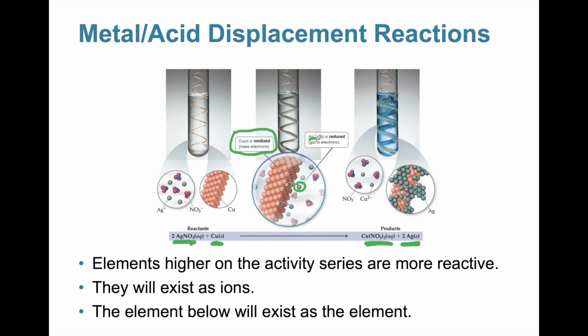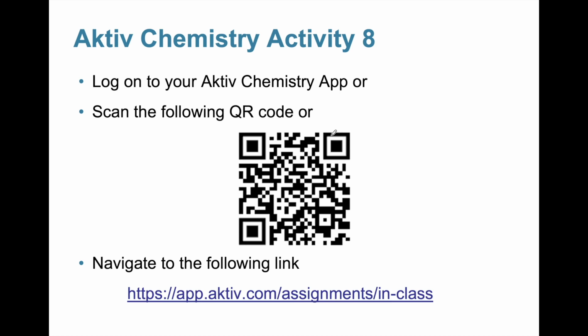And just like the last one, right before they break up, silver is going to take some electrons, take its due before it skedaddles, so that copper and nitrate can be together. In this case, copper is the one getting oxidized, and silver is the one getting reduced, right? So remember, make sure you're not picking the wrong ions to be a part of this reaction. And that's our next question. Go ahead and finish that one.